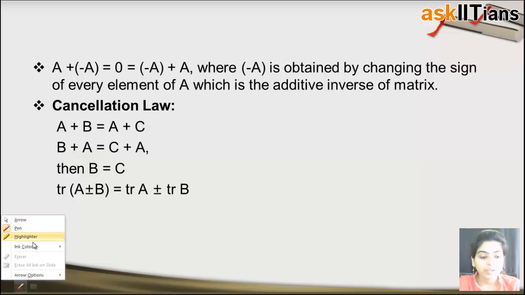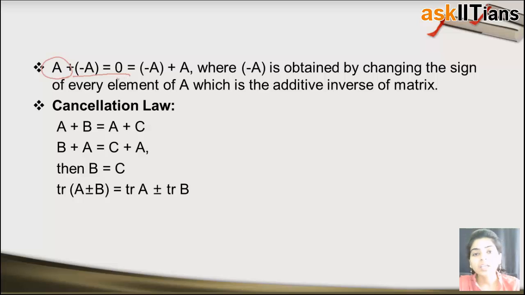Now, that's a continuation of the properties. Again, as we have done additive identity, next is the concept of additive inverse. So if I have any matrix A and I add matrix A to its additive inverse, the additive inverse is the negative of that matrix. And how do you obtain the negative of a matrix?